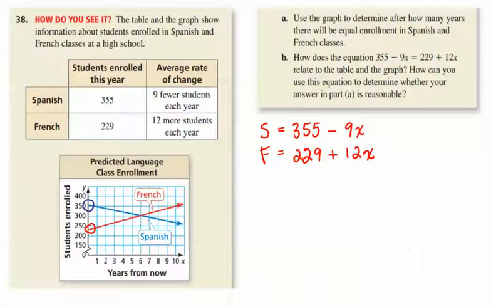So what does the intersection of the two graphs mean? Well, the intersection of the two graphs would tell us the point at which enrollment in the two classes will be the same.